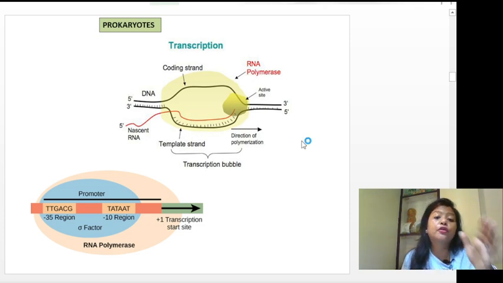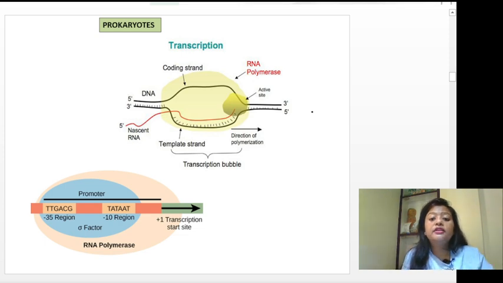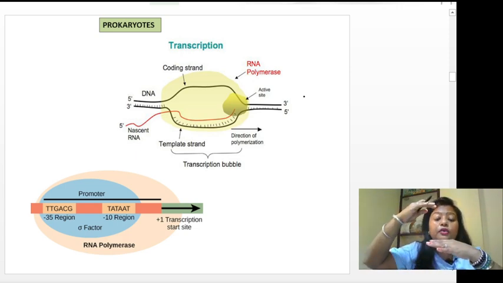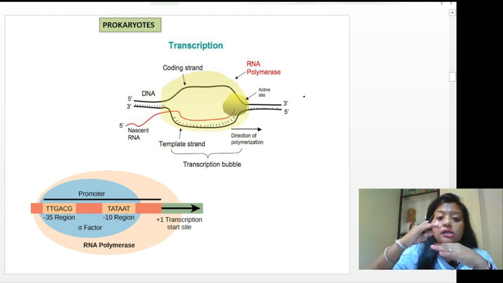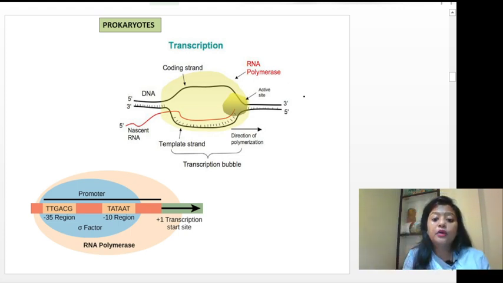So let's talk about the prokaryotes first. As I've told you before, in prokaryotes the DNA is unzipping. Once it unzips, there are two strands of the double helix. One strand will be used as the template strand by the RNA polymerase. Remember, in prokaryotes a bubble-like shape is formed, also known as a transcription bubble.